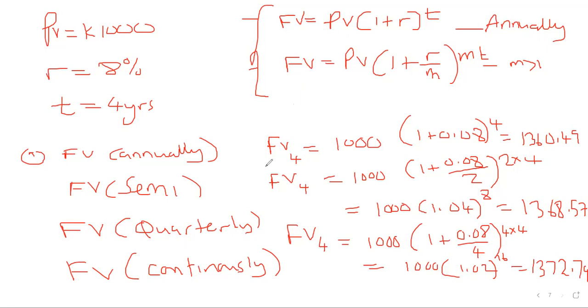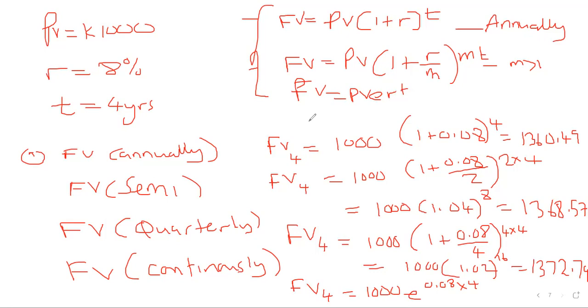Okay. Continuously, remember the formula was what? Future value is equal to present value times e to the power rt. So the future value in this case for 4 years will be 1,000. Our e is on the calculator, our r is 8%, and our time is 4 years. So this is a computation on the calculator. So 0.08 times 4, then you do your e, which is found on the calculator, times 1,000.